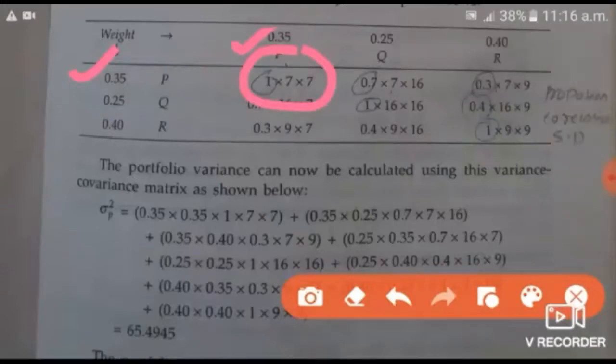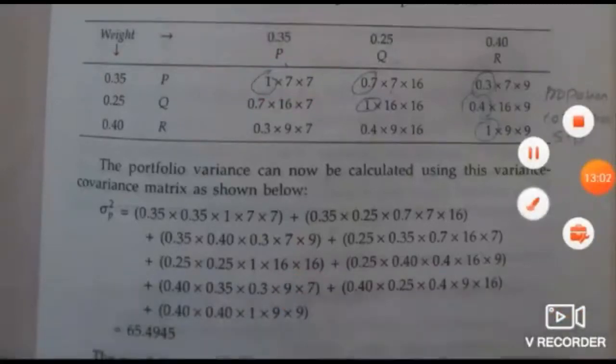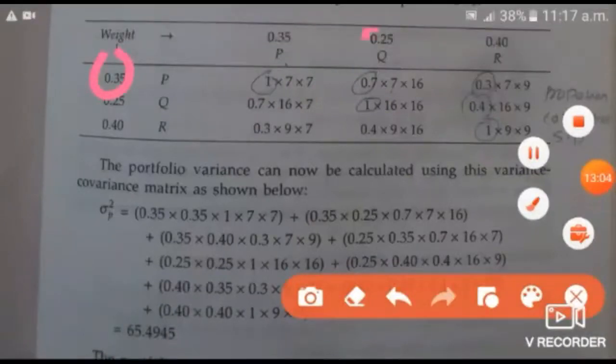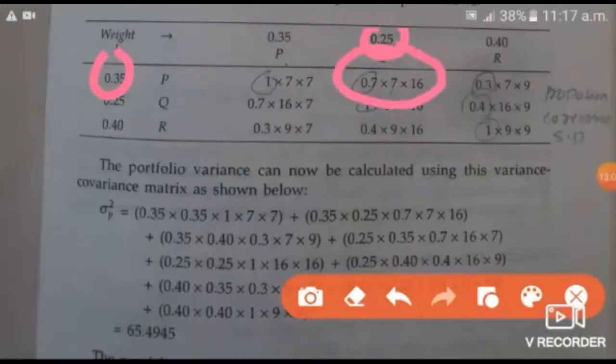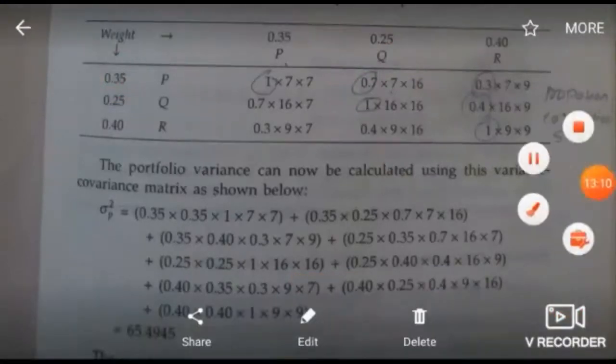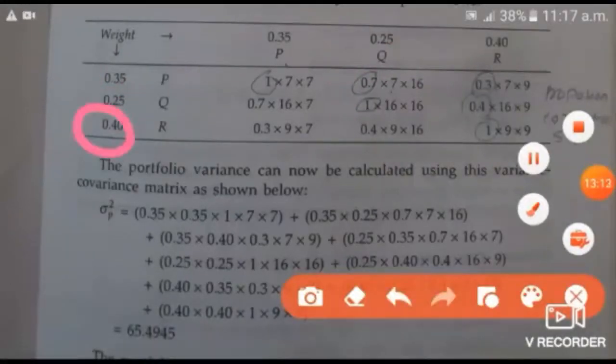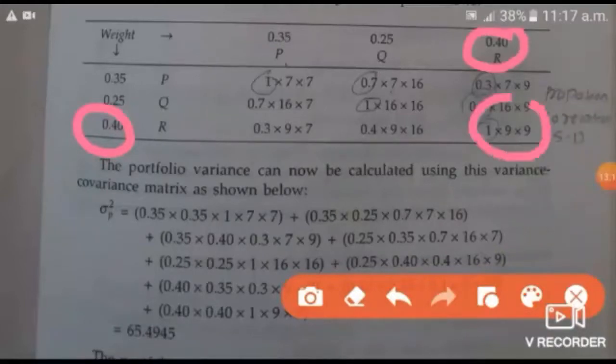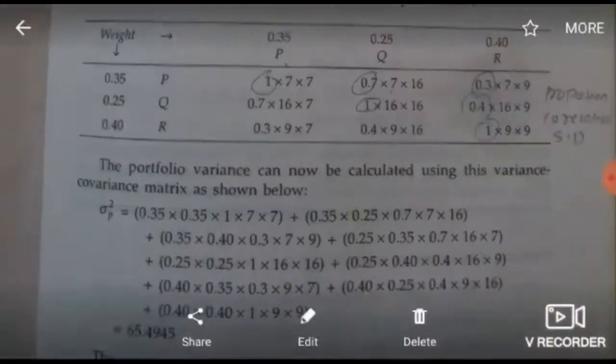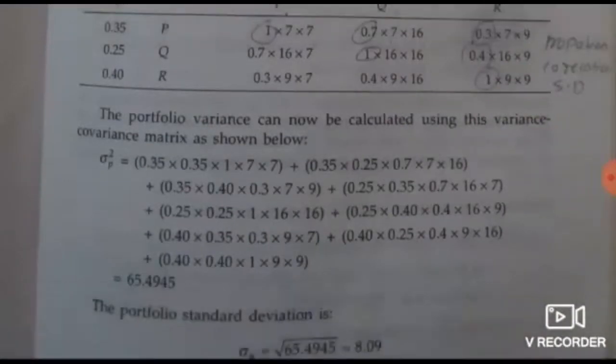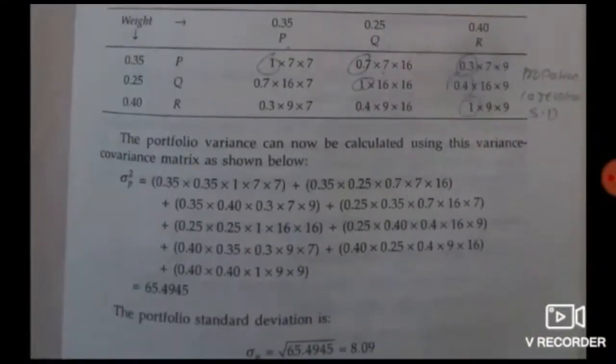So either you can multiply it and make it a different covariance matrix, or you can make it as 0.35 into 0.35 into 1 into 7 into 7 plus 0.35 into 0.25 into 0.7 into 7 into 16, and at last reaching 0.40 into 0.40 into 1 into 9 into 9. So summing it up, we get the portfolio variance as 65.4945 and the portfolio deviation as 8.09.